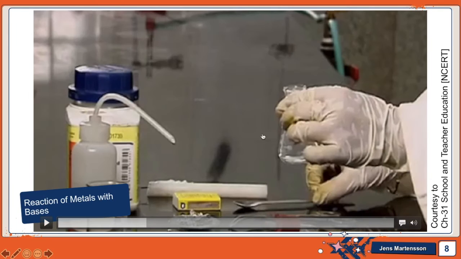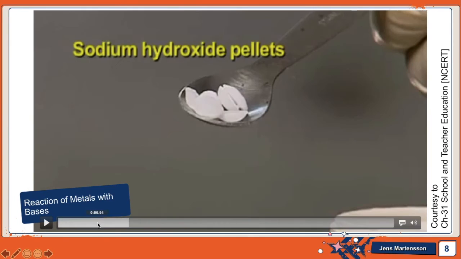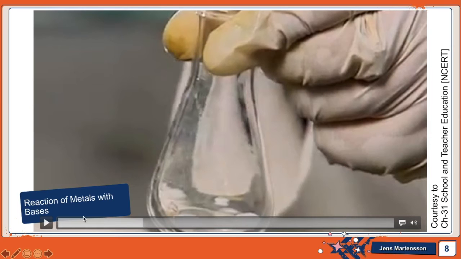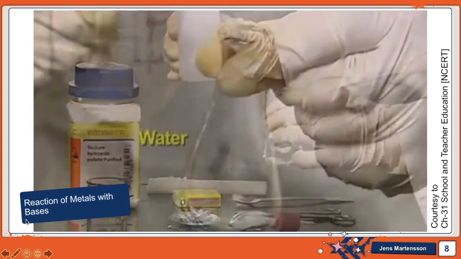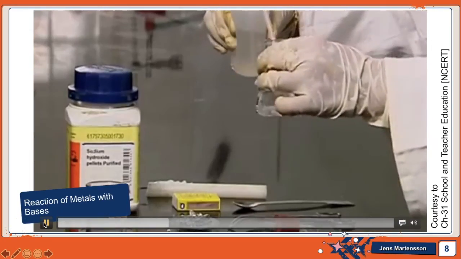So she is adding sodium hydroxide pellets into water to make NaOH, that means sodium hydroxide. Now she is mixing it.